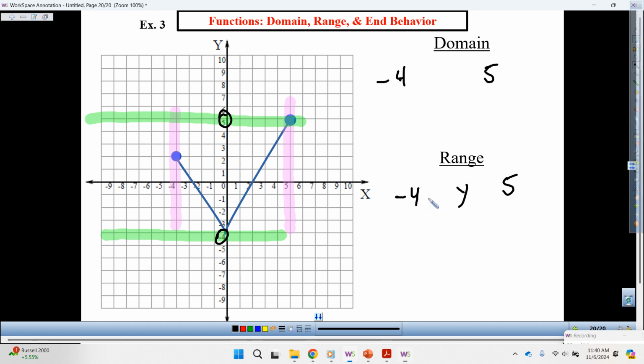And of course, this is y, less than. This is a closed point, and that is a closed point, so it's an equal sign on both. This one is x, less than, and it's closed points for both, and there you go. And the rest is history. Send it in as soon as you're done, please.